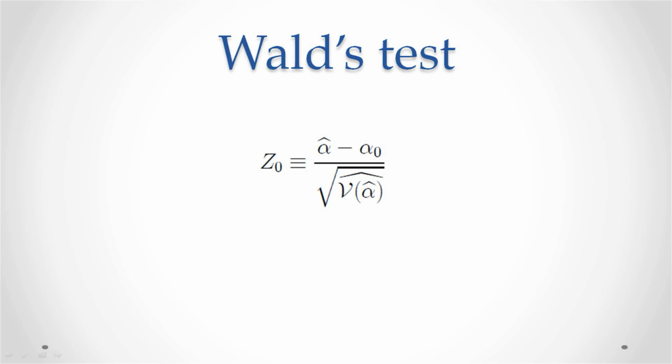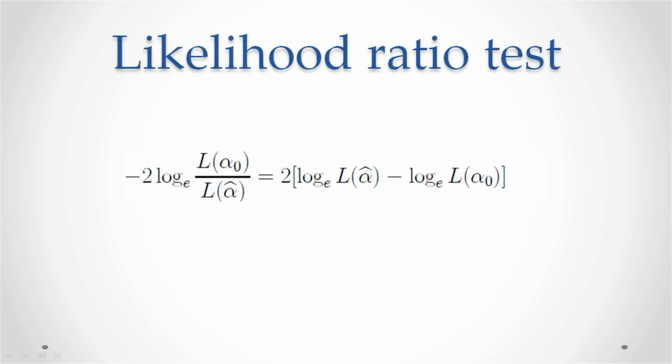The statistic Z follows a normal distribution with mean 0 and variance 1 under the null hypothesis alpha equal to alpha naught. A second option is the likelihood ratio test, and this is given by minus twice log of L alpha naught over L alpha hat, equal to twice log L alpha hat minus log L alpha naught.